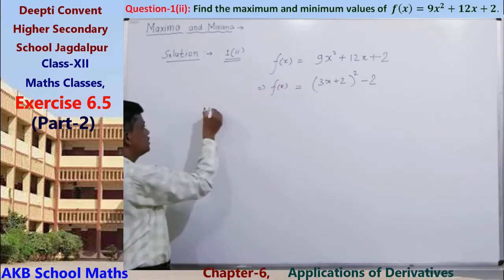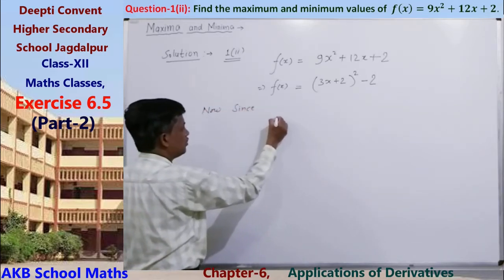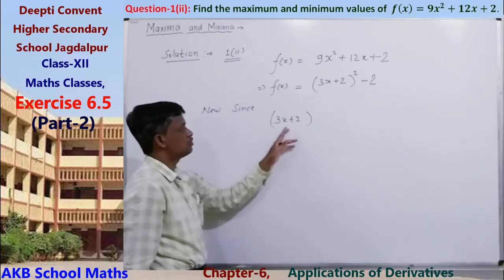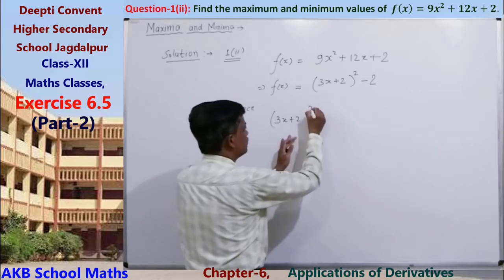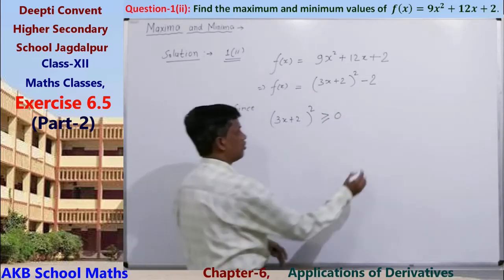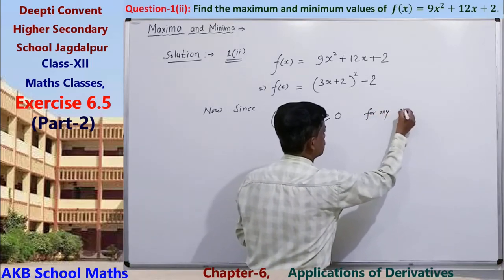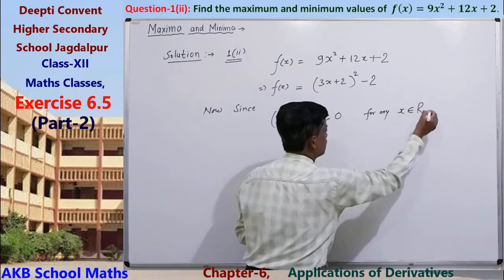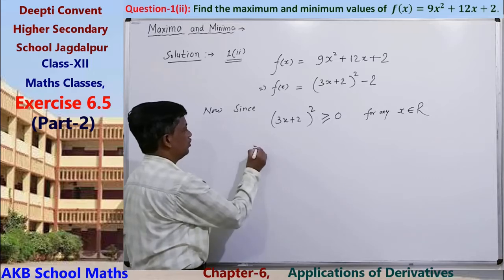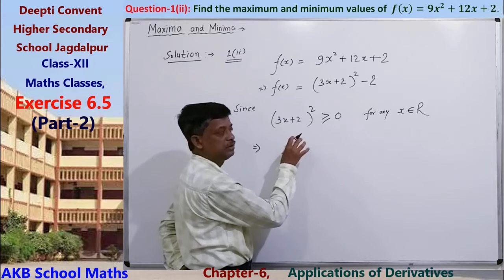Now, we know that the square of some quantity, here (3x plus 2), is always greater than or equal to 0 for any x belonging to the set of real numbers. Now we can add minus 2 on both sides.